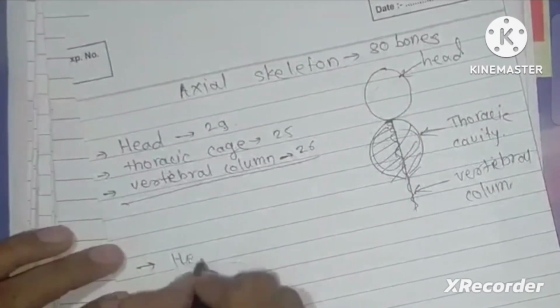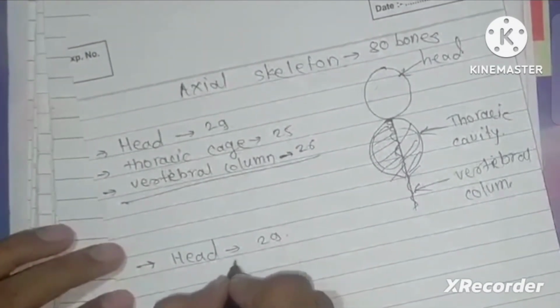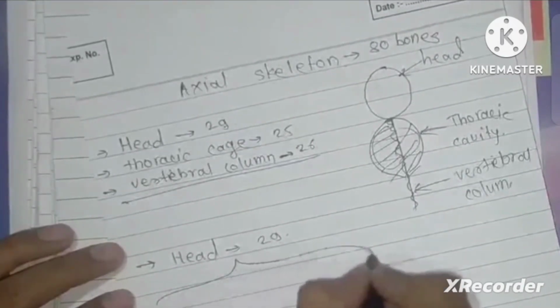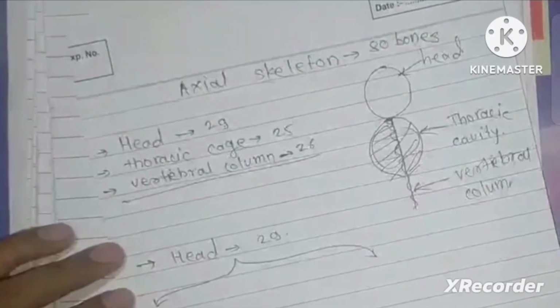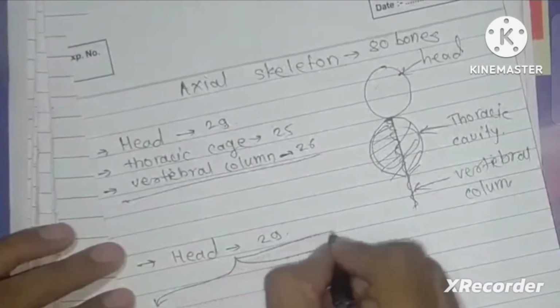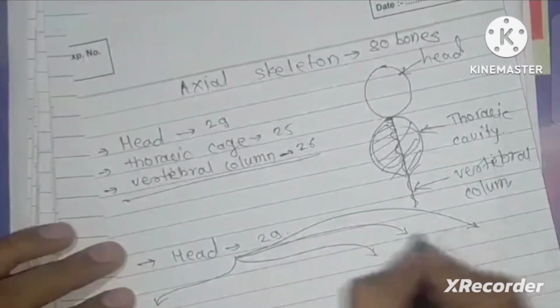First of all, we will discuss about head. It is divided in different categories such as skull, our hyoid bone and ear bones.